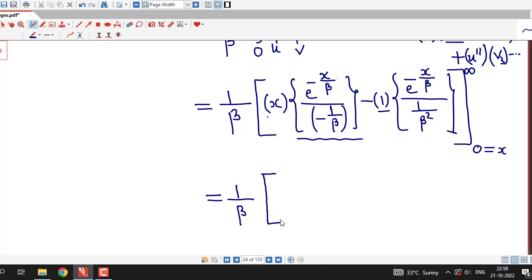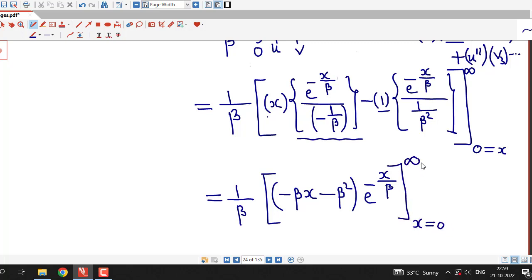So we can rewrite this as this. I can rewrite as minus beta times x. We can take e raised to minus x over beta common, and here minus beta square, and we take e raised to minus x over beta common, which is common in both the terms. x is from 0 to infinity.